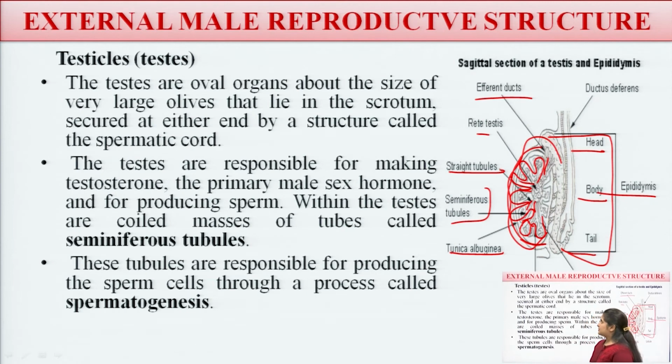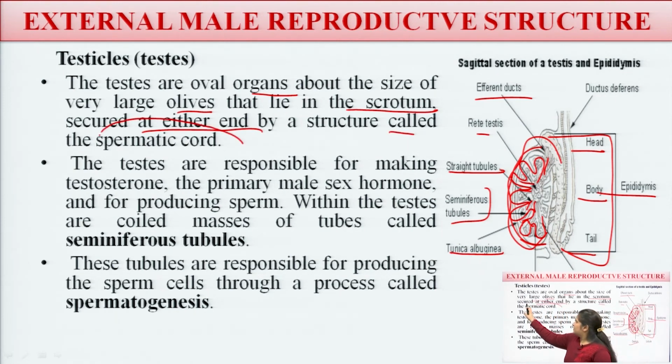Now, testicles or the testis. The testis are oval organs about the size of very large olives that lie in the scrotum, secured at either end by the structure called the spermatic cord.